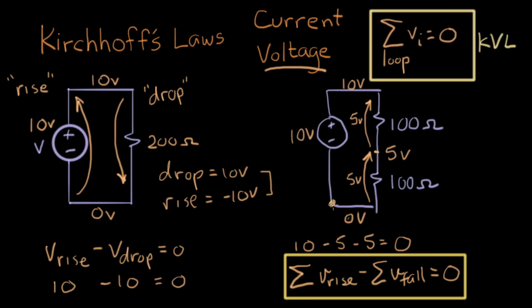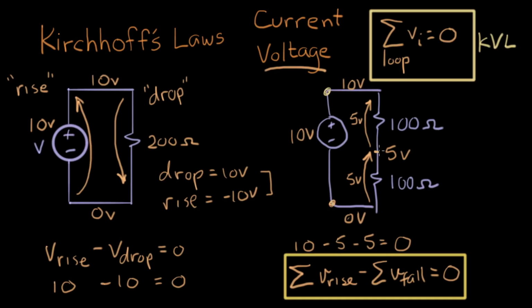Now I started over here in this corner, but I could start anywhere. If I started at the top and went around clockwise, I would go minus 5, plus 10, and I'd get the same answer. I'd still get back to 0. If I start here and go around the other way, the same thing happens.